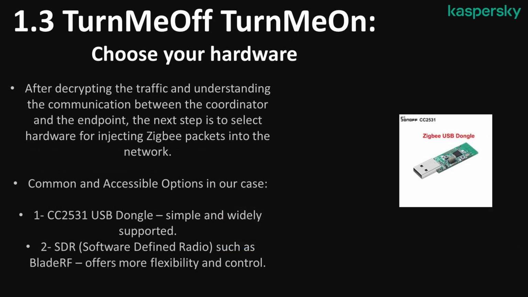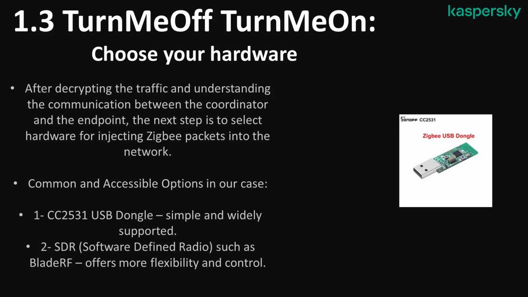We now need to inject some packets in the ZigBee communication in order to hijack this relay. To do that, we need to choose our hardware. We had at that time two options: the CC2531 USB dongle, which is very cheap, and an SDR like BladeRF. We started with the SDR because it's more flexible, but the implementation inside GNU Radio had problems, so we moved to the dongle.